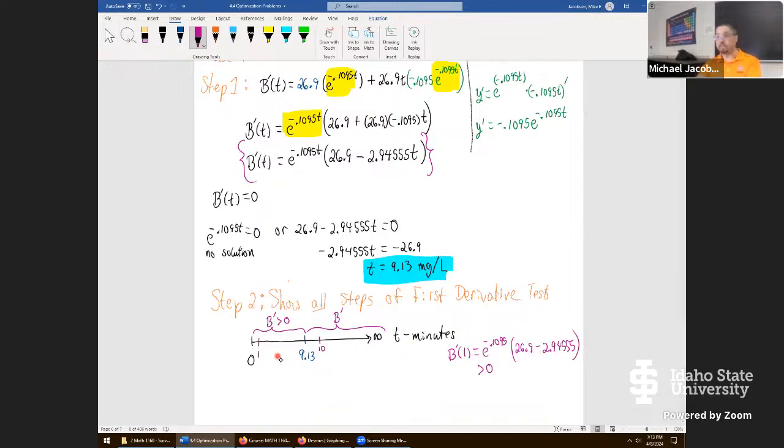And that means in this region, we just established that blood alcohol level is increasing, which makes sense. At time 0, that's when the shot hits your system. Now blood alcohol content is rising. And right at 9.13, we better show that it transitions to decreasing, so the sign flips. This is more of a check at this point.